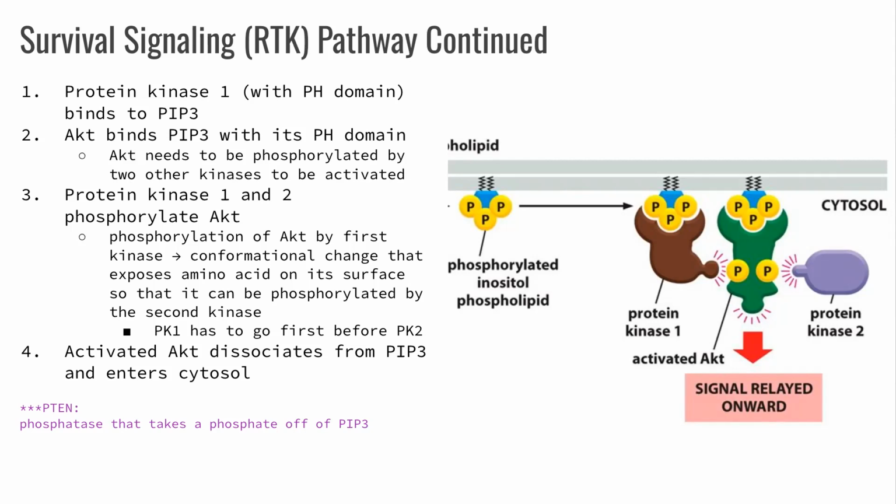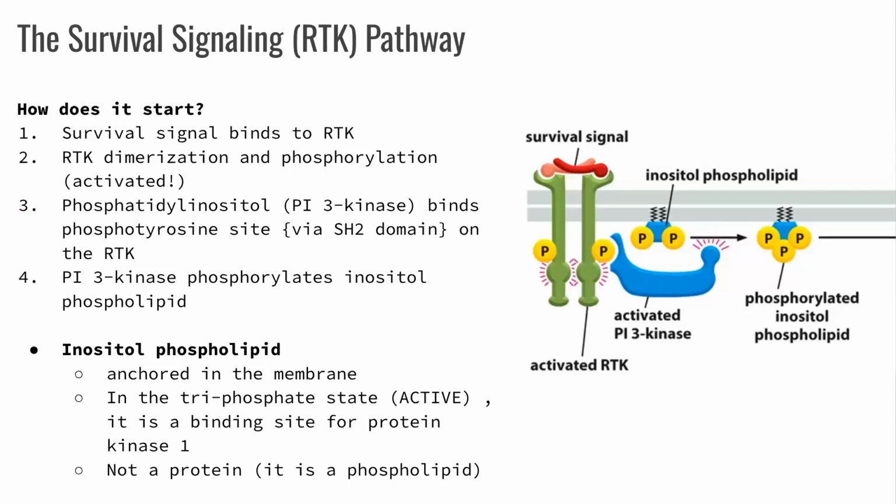And the AKT, which is another protein, also binds to a PIP3 with its PH domain. But the AKT, sorry, it's a little confusing walking through the pathways, but the PIP3, oh my gosh.